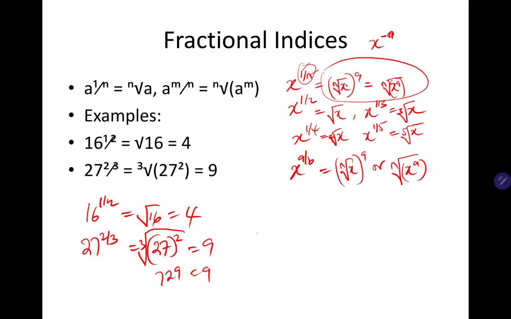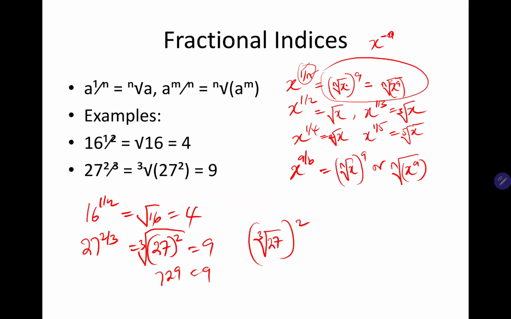We'll say the cube root of, I always prefer using this because you can do it without a calculator. The cube root of 27, all raised to power 2. The denominator becomes the root and the numerator becomes the power.